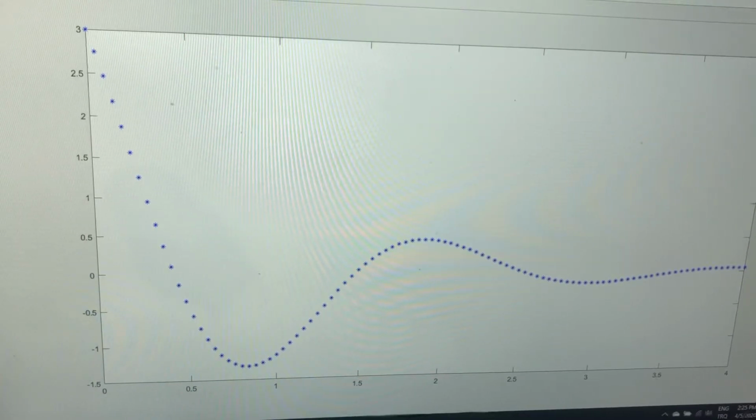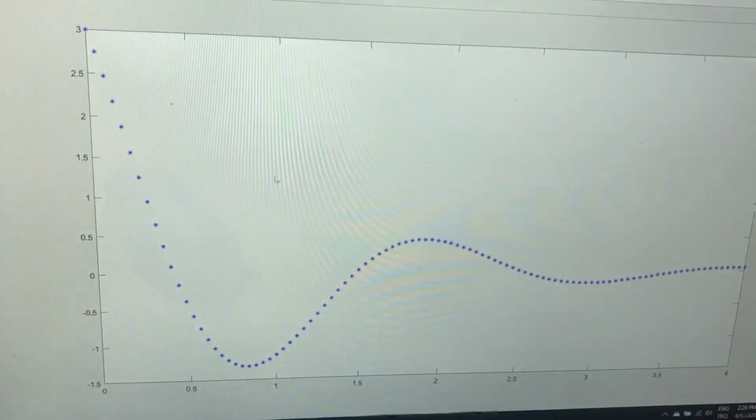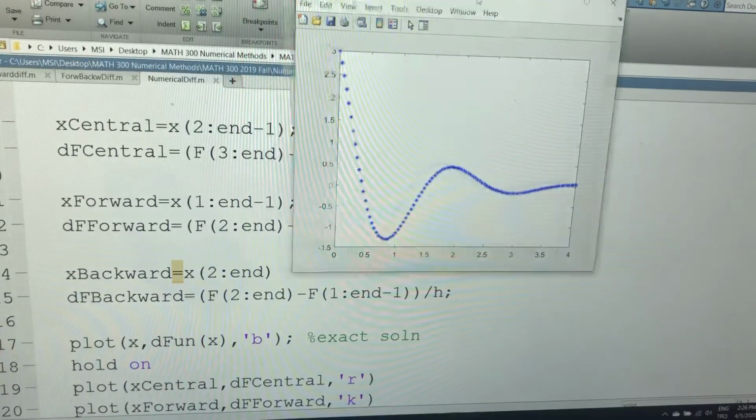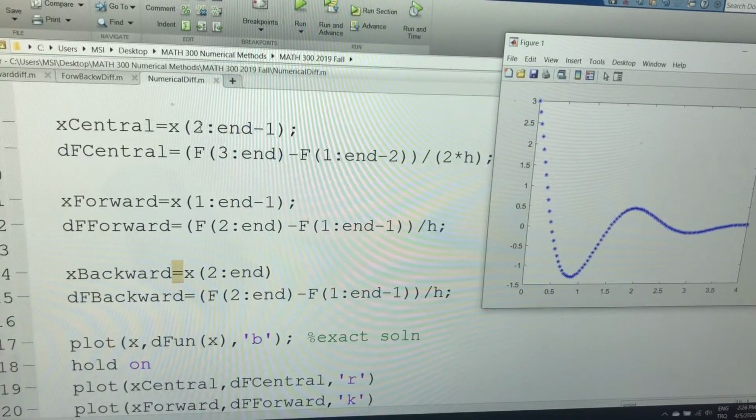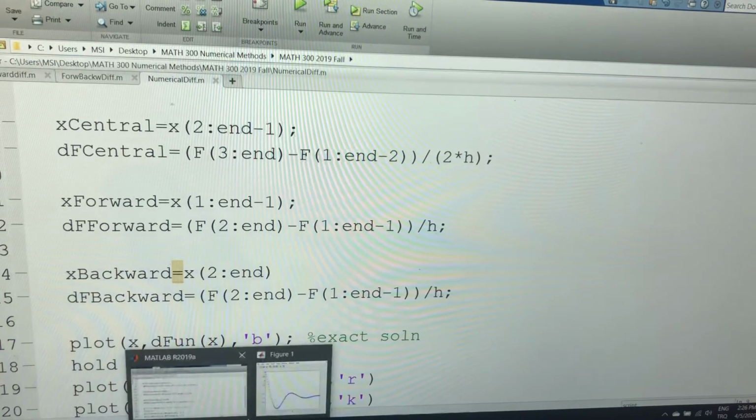That's why in here you can see that this is starting from, let me open these together. This is starting from 2 and it will go until n minus 1. And for the second point derivative, which one are we using? We are using the third one minus first one, right? Exactly, third one minus first one over 2h, right?